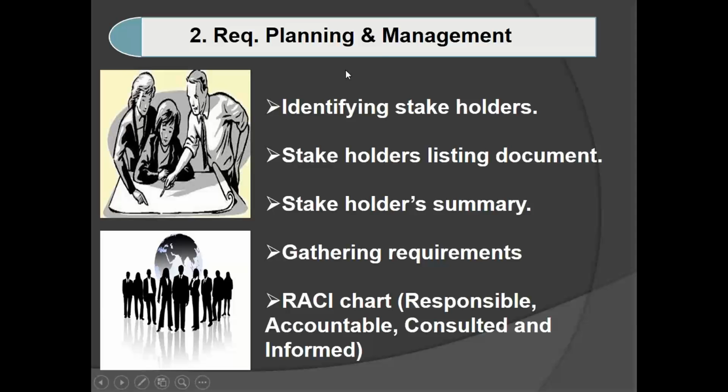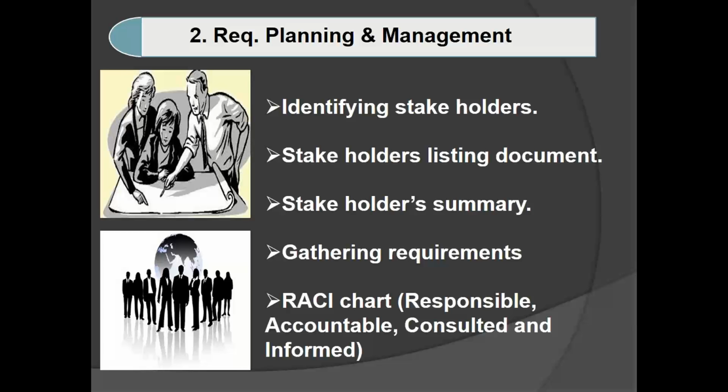In this, we are going to do identifying stakeholders, stakeholder listing document, stakeholder summary, gathering requirements, and RSEA chart. Identifying stakeholders, I have explained how to identify the correct stakeholders. Correct stakeholders means the people who are related with the ongoing project.